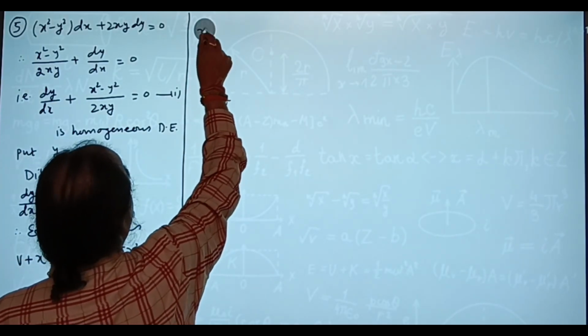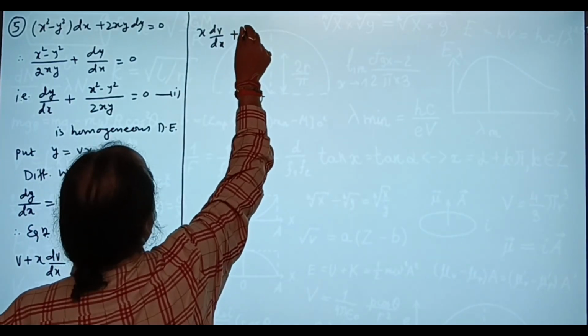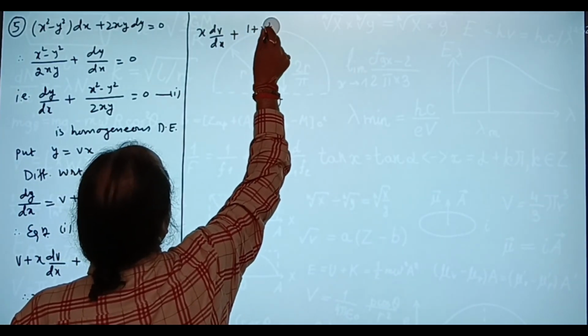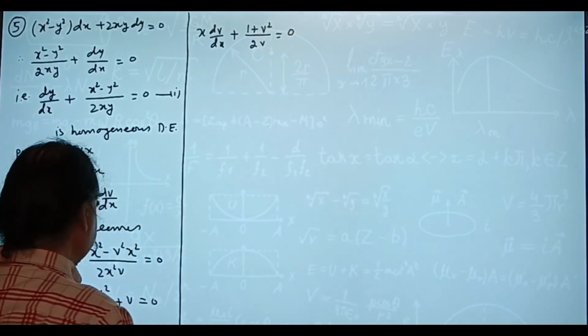Therefore, x dv by dx plus 1 plus v square upon 2v is equal to 0.